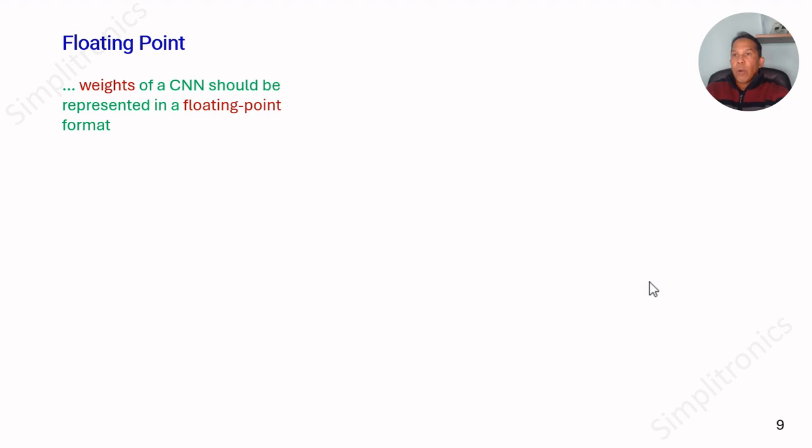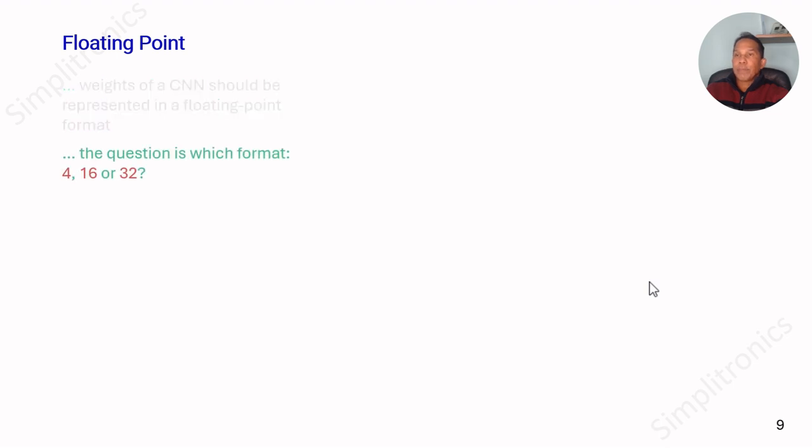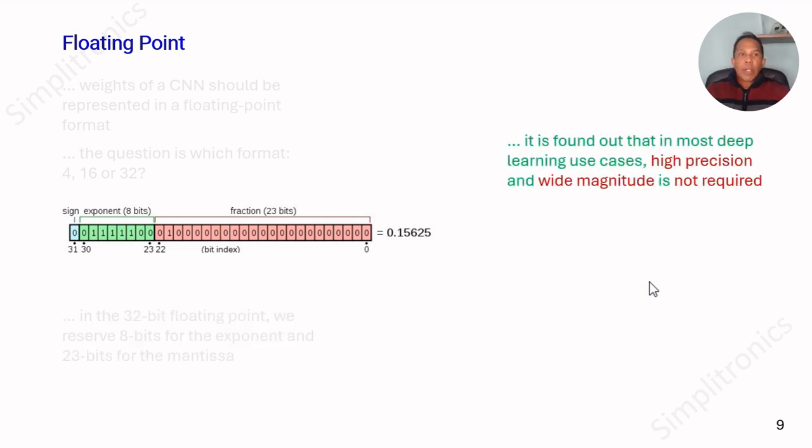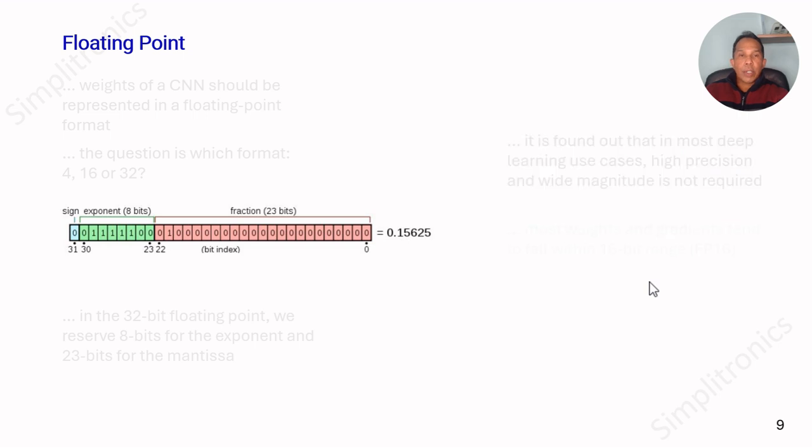Floating point. Weights of a CNN should be represented in a floating point format. The question is, which format? 4, 16, or 32? In the 32-bit floating point, we reserve 8 bits for the exponent and 23 bits for the mantissa. It is found that in most deep learning use cases, high precision and wide magnitude are not required.